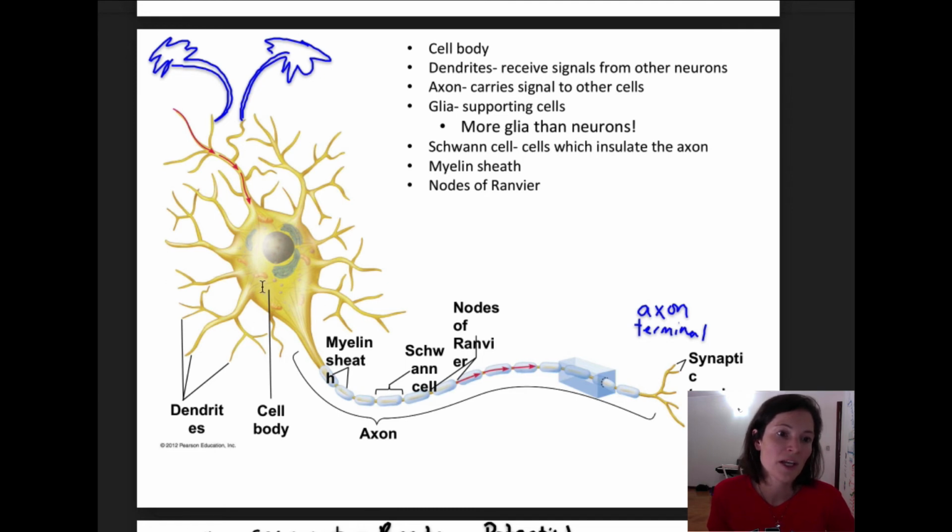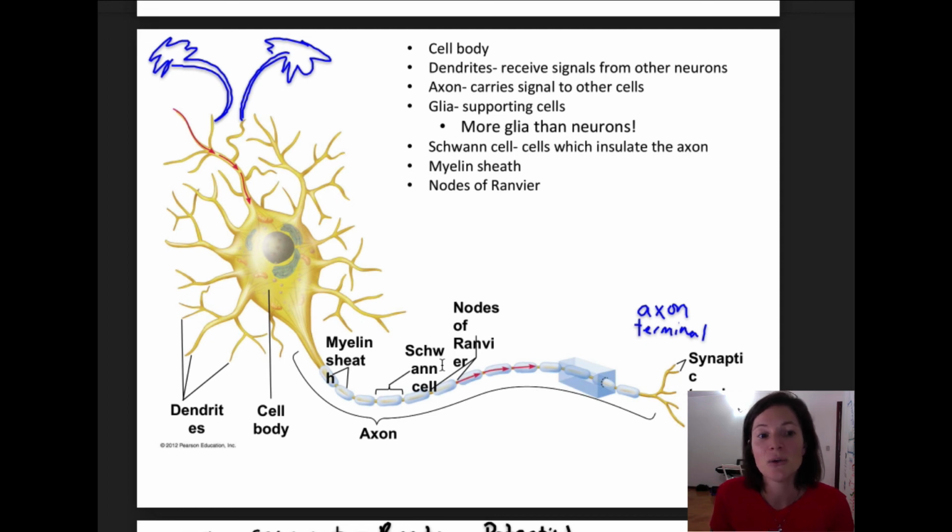Based on the messages coming in up here, if the axon activates, and what we're going to end up calling this is an action potential in this first part of the axon, the action potential will move down and activate these subsequent or following parts of the axon. So if this part gets activated, this message will go, and sometimes we call that an impulse, right? So an impulse will move down the axon, signaling these following action potentials.